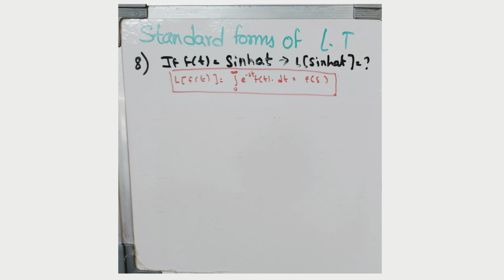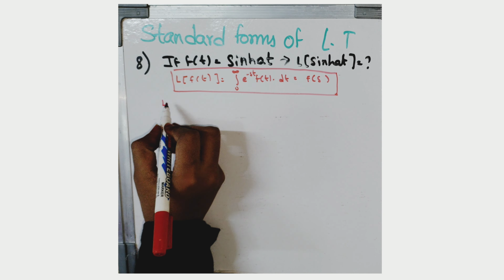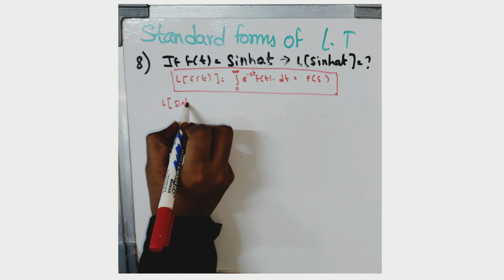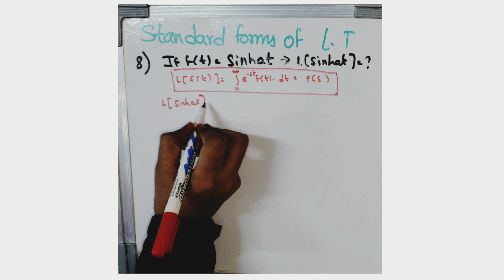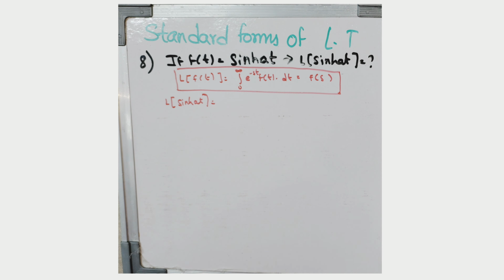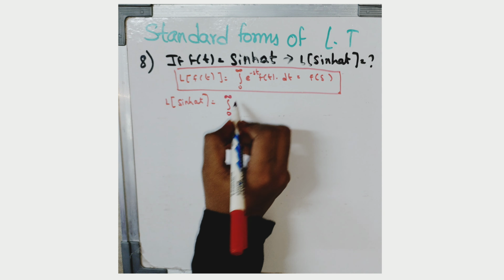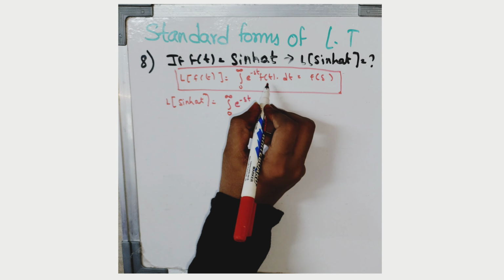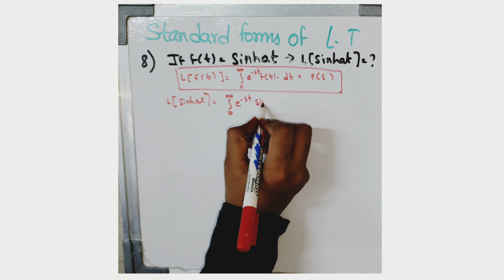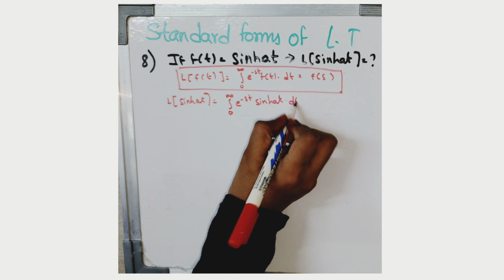So now let's start with our Laplace transform of sinh at. You can write it as integral 0 to infinity e power minus st, and f of t is sinh at, dt.